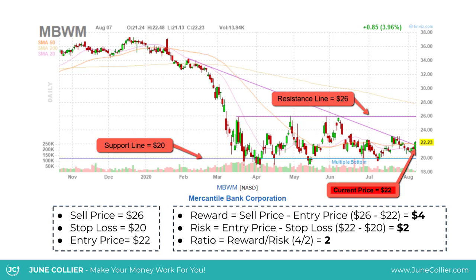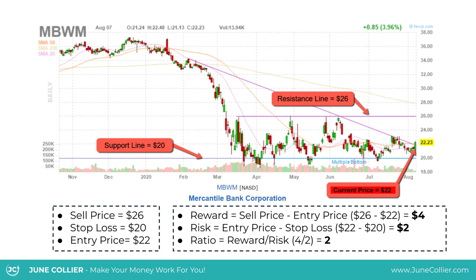Next, we determine the risk. Risk is the entry price minus our stop loss, which is the support. The entry price is $22 minus the stop price, which is $20. This gives us a risk of $2.